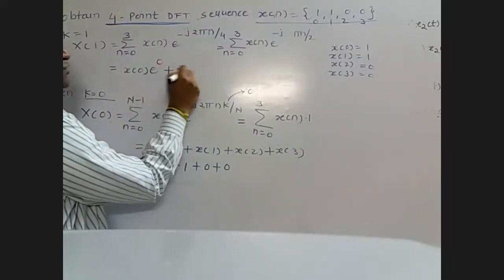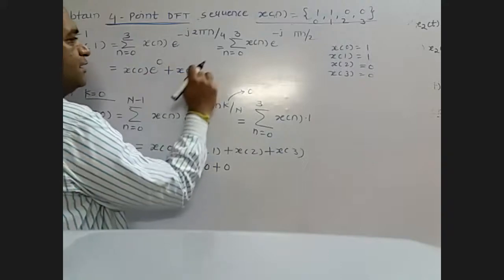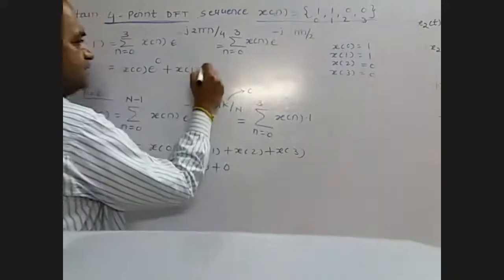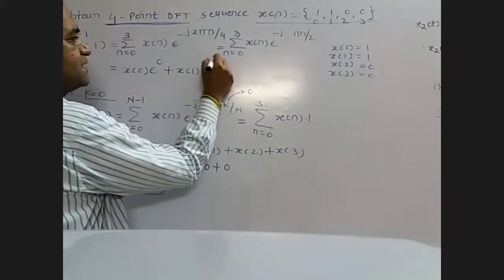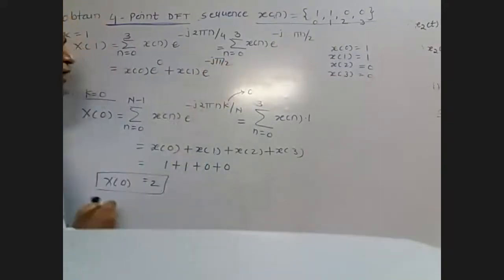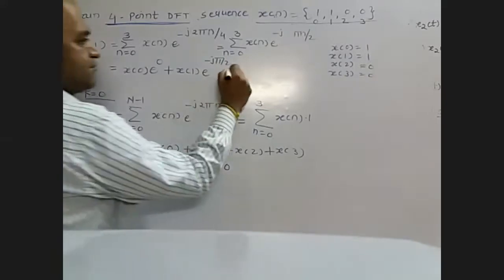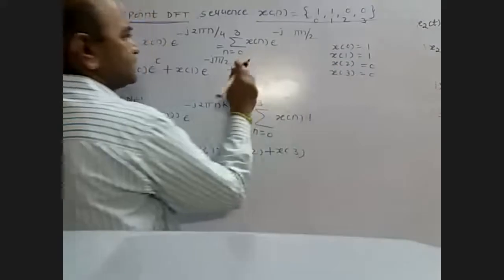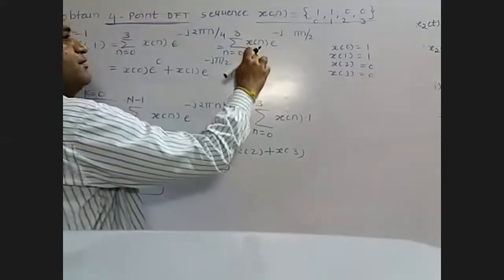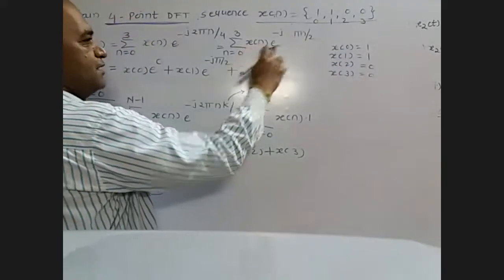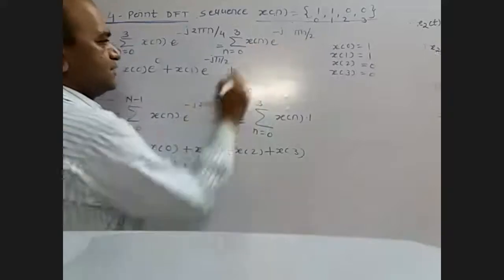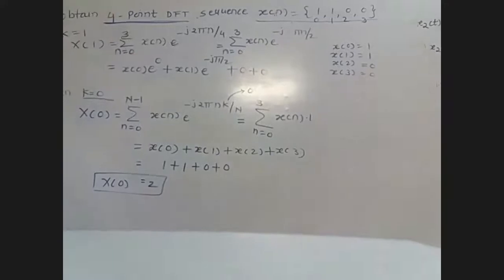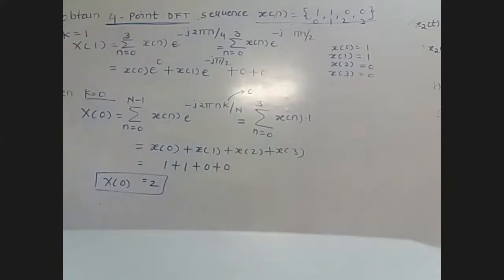Plus x of 1, where the value of n is 1, so it becomes e raised to minus j pi by 2. Plus x of 2 is 0 and x of 3 is 0, so I am writing 0 plus 0.